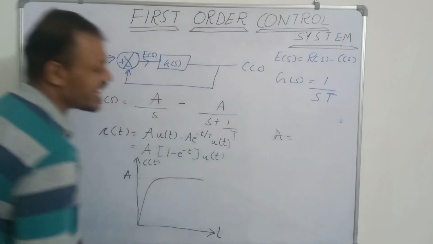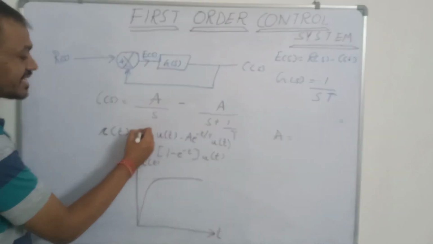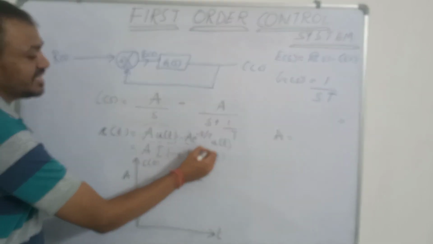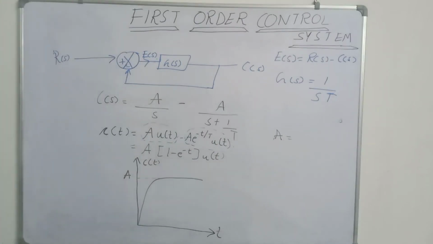A is the steady state value, and this is the transient response, because this response becomes 0 as the time t tends to infinity.